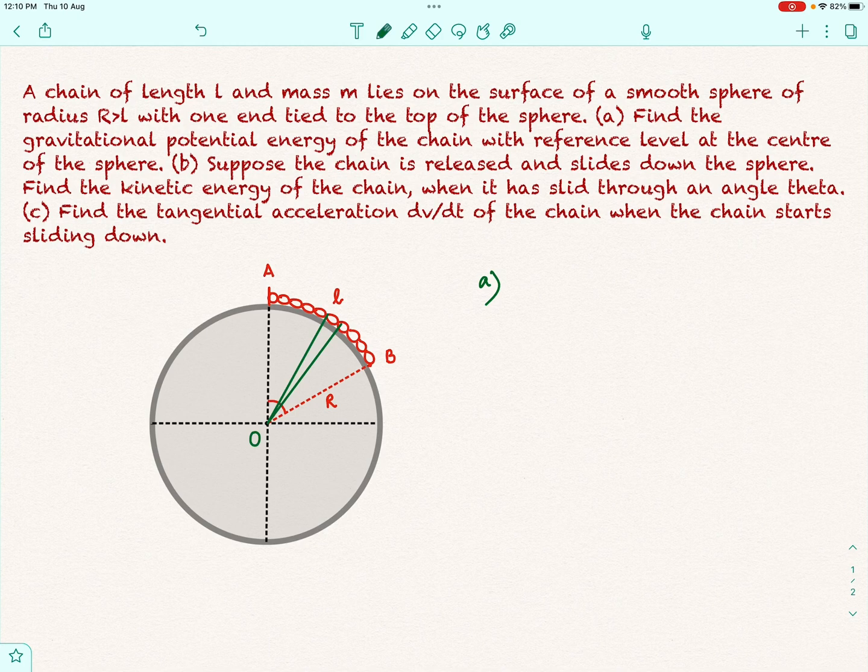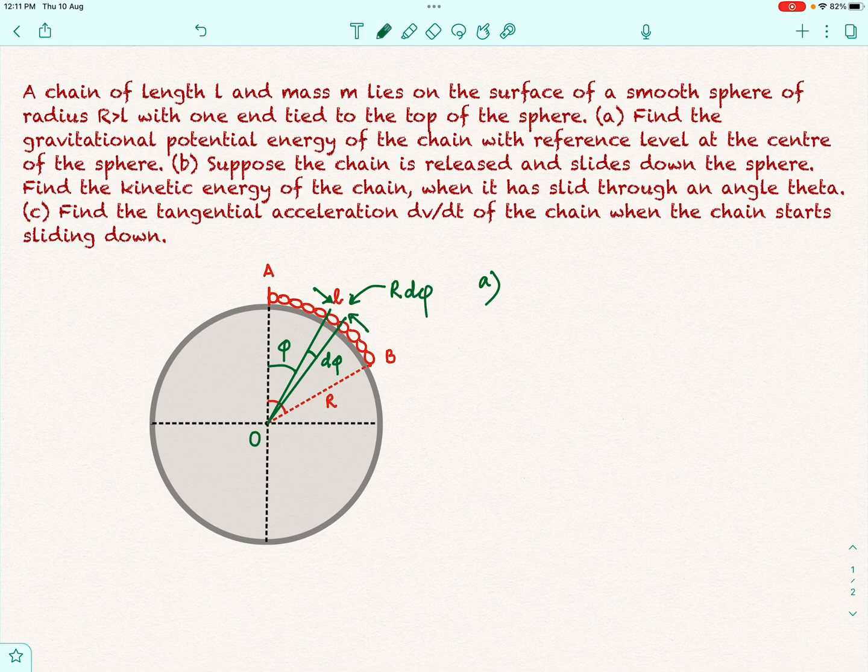Let's say this small portion subtends an angle phi with the vertical, and its thickness is d phi. Then can we say that the length of this portion will be r d phi, since we are considering the angle to be phi.